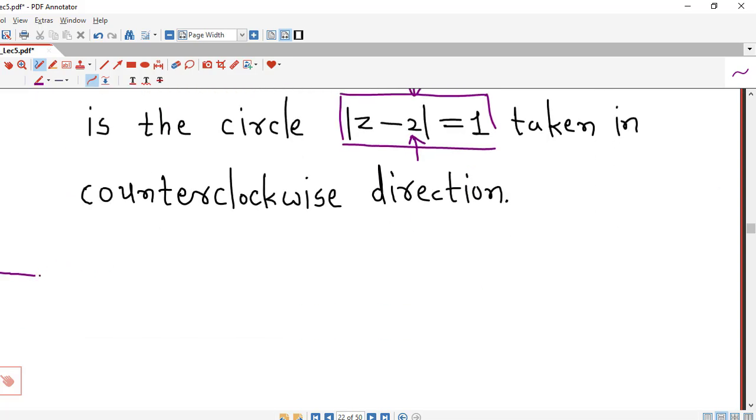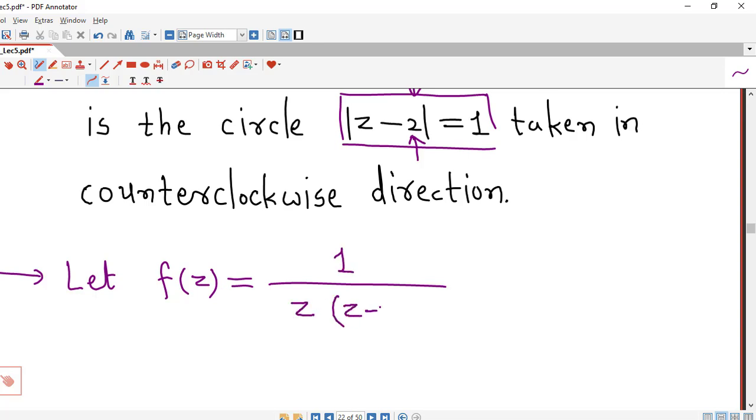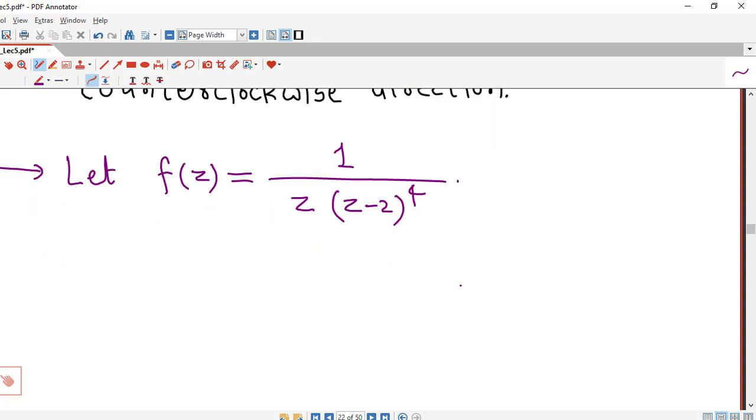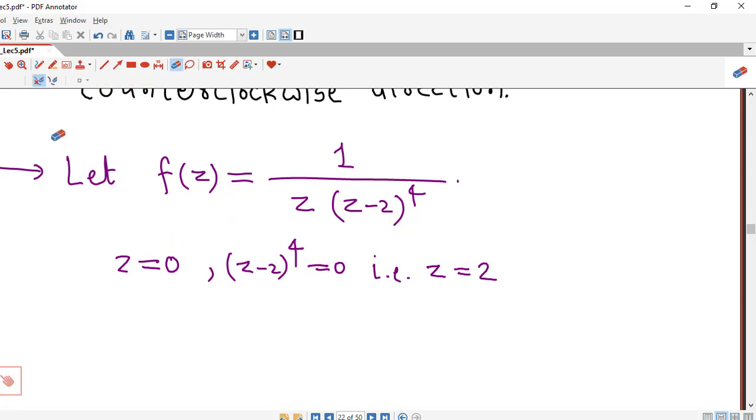So first we write down the given function. Given function is denoted by say f of z. Let f of z equal to 1 divided by z times (z minus 2) to the power 4. So clearly f of z will not be analytic at points for which z equal to 0 or (z minus 2) raised to 4 equal to 0, that is z equal to 2. So these are the only points at which function f of z fails to be analytic.